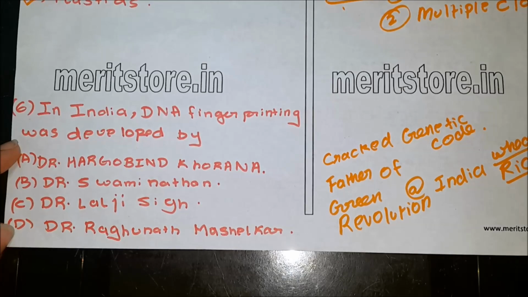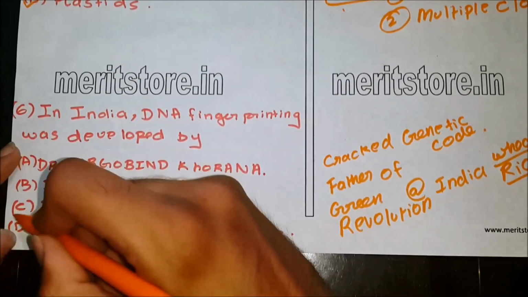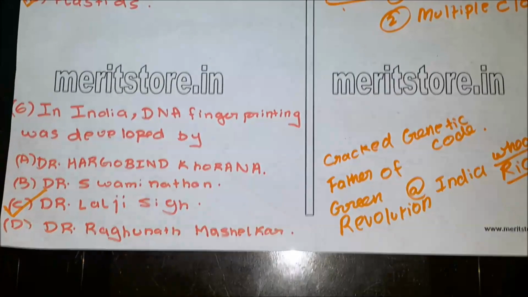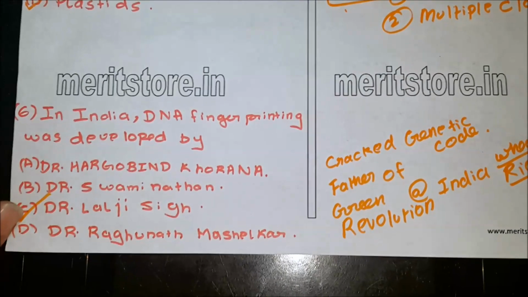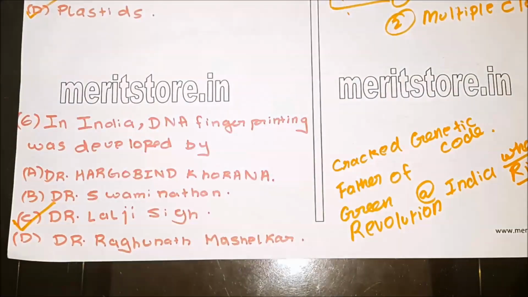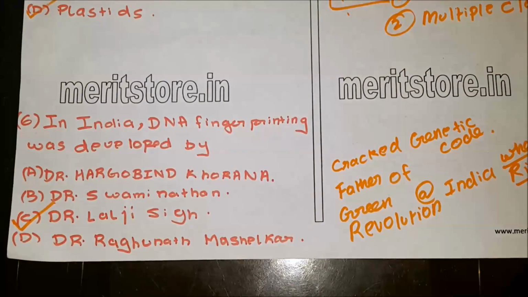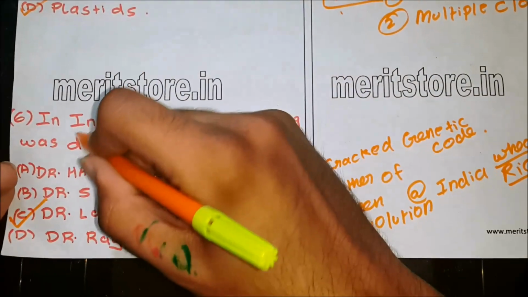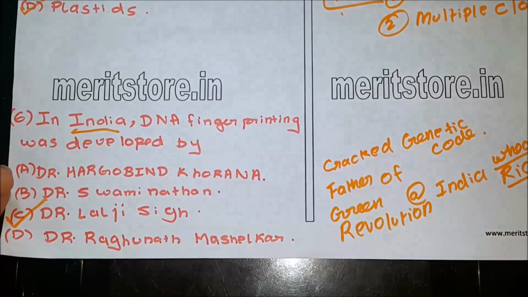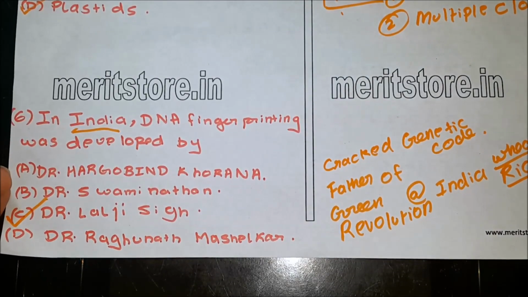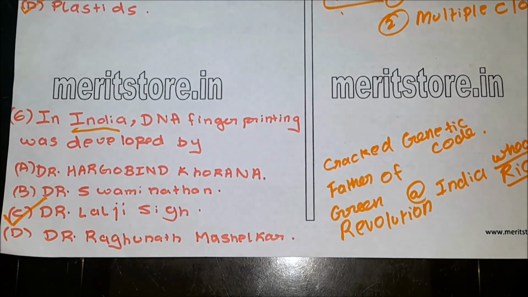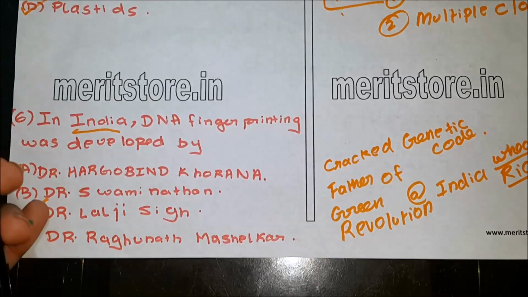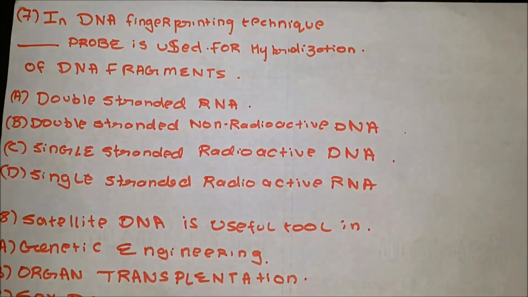The right answer is actually Dr. Lalji Singh. The only reason I took this MCQ is because we've got India somewhere, finally. And D, our option Dr. Raghunath, is a CEO and an academic author. Let's see the next MCQ.